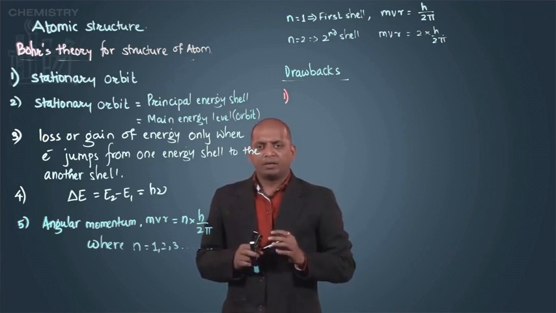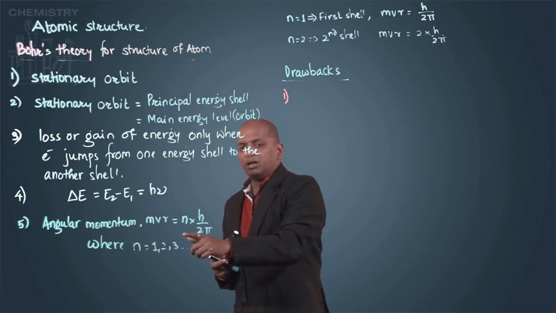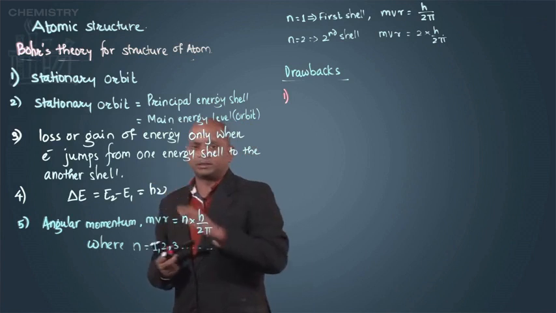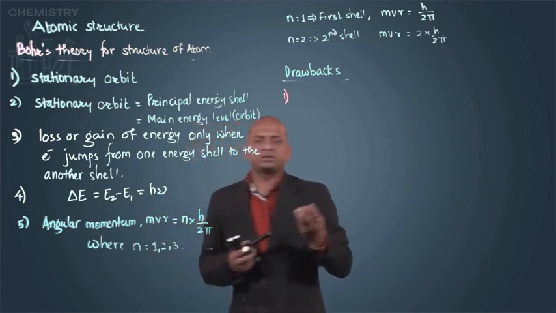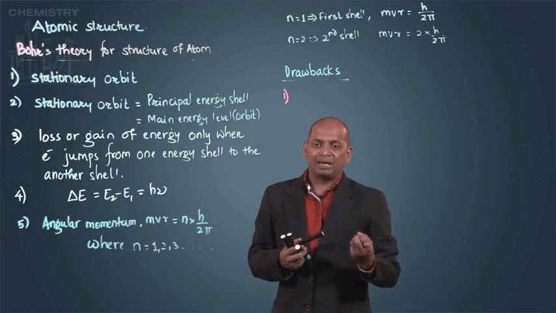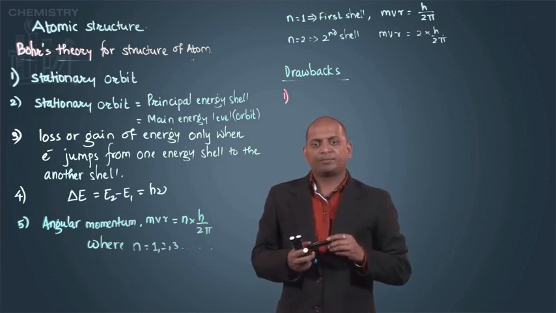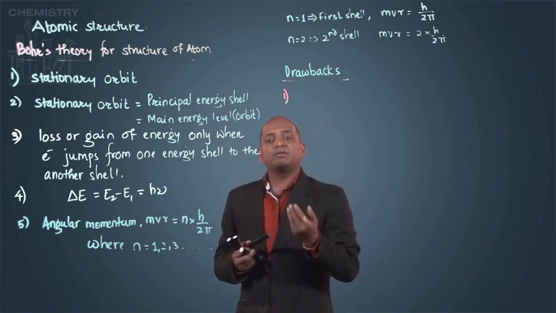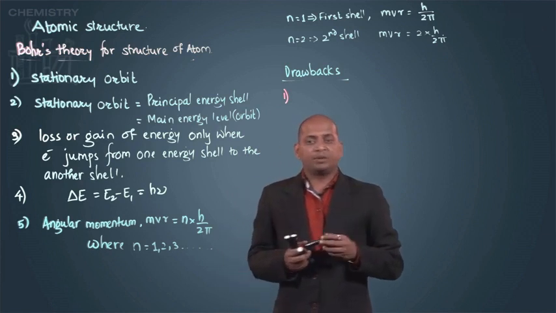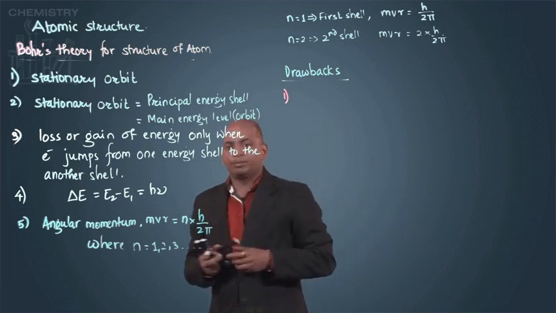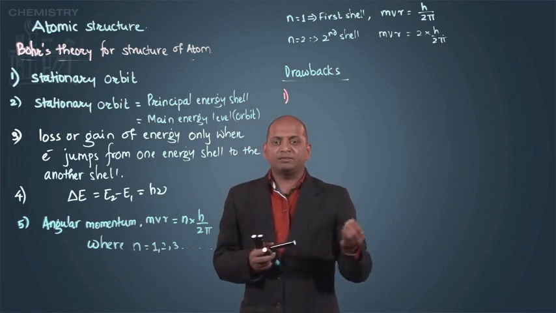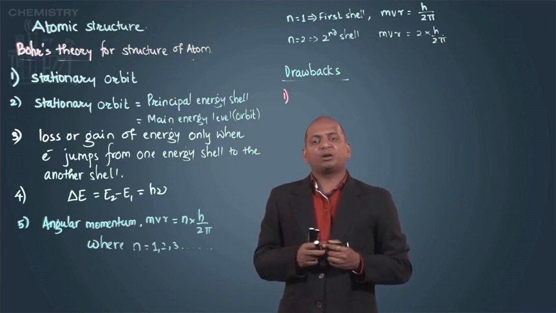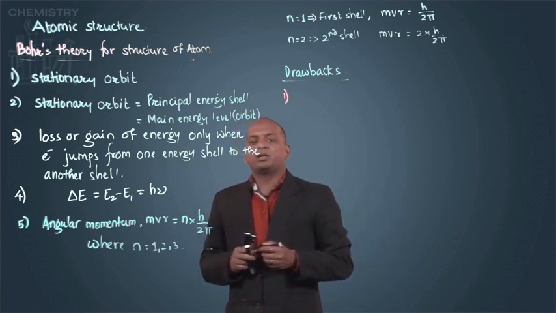It's a very simple thing. Consider that energy is absorbed by an electron which is present in the first shell. Obviously, if there is another electron, what happens with that electron could not be explained by Neil Bohr. It's a very simple concept. As soon as we add another electron, the complexity increases, and that complexity was not explained by Neil Bohr.